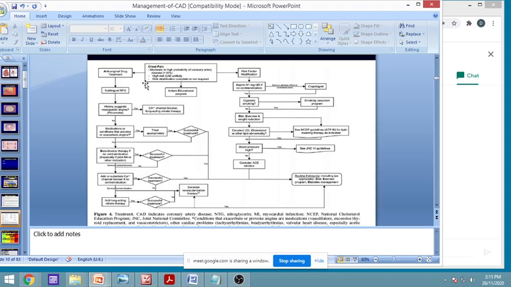Then if history shows it is vasospastic angina, which we call Prinzmetal angina, there is a spasm in the coronary artery. Here no plaque is there. We have seen that it is not always plaque. So give a calcium channel blocker or long-acting nitrate therapy, that should resolve it.